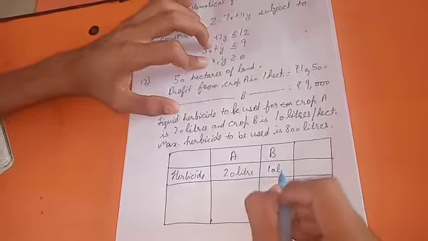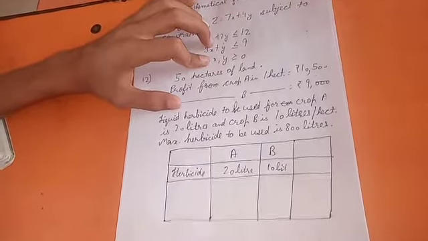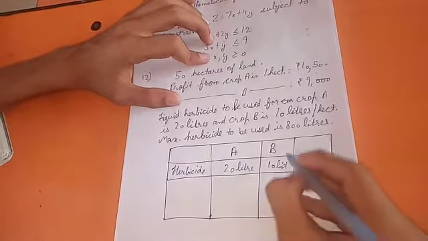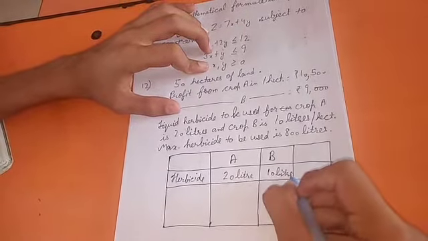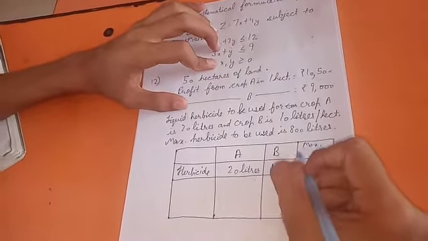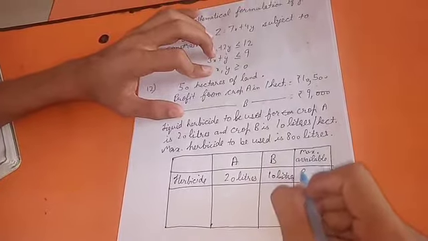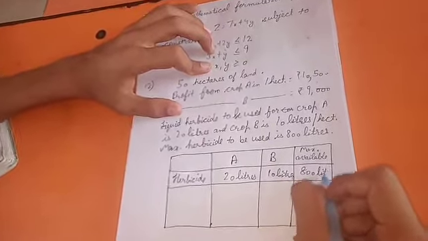It is per hectare, this we have to keep in mind. And then maximum available, that is 800 liters.